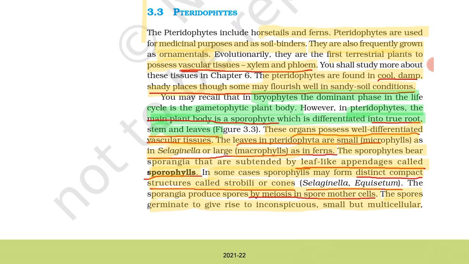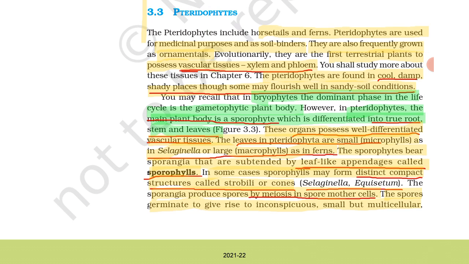However, in pteridophytes, the main plant body is a sporophyte, which is differentiated into true root, true stem and true leaves. These organs possess well differentiated vascular tissues. Yes, we have seen vascular tissues are well developed in pteridophytes.